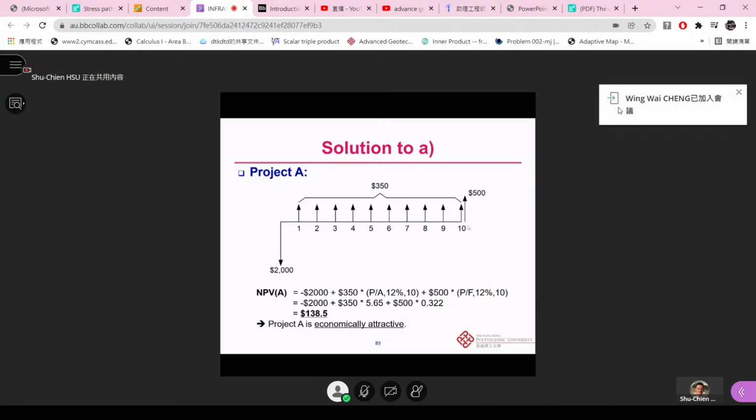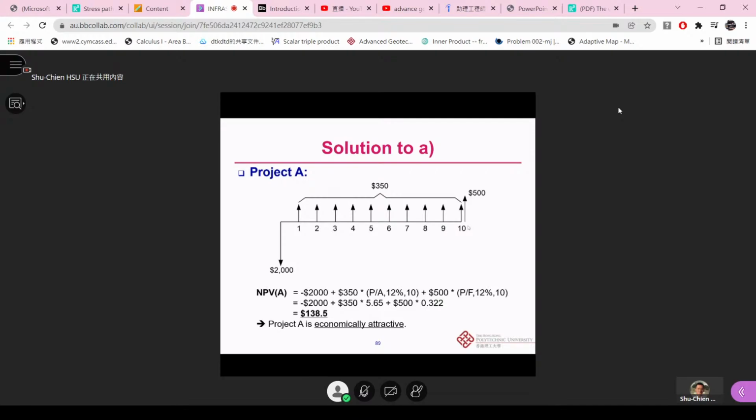We have the initial investment, but the following 2 parts are profit. So the NPV for project A is equal to 138.5. Project A should be economically attractive because the profit is higher than the cost. The NPV is larger than 0.